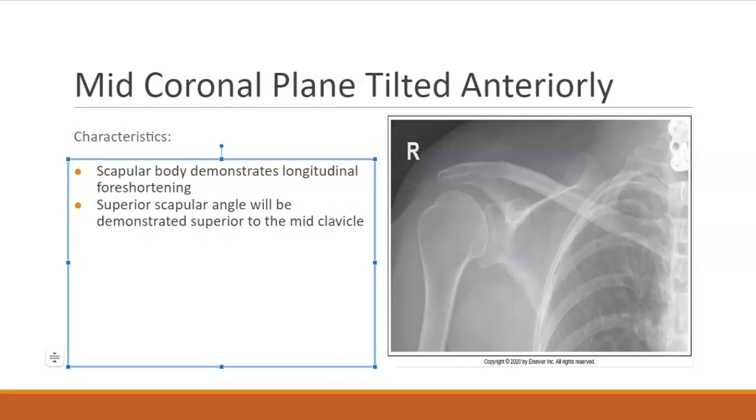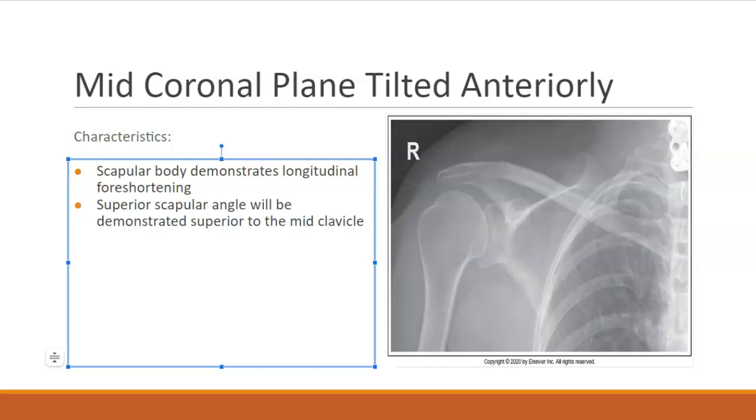Let's move on to some common positioning errors. The first one demonstrated here is anterior mid-coronal plane tilt. If there is some anterior mid-coronal plane tilt, the scapular body will be demonstrated with foreshortening, okay?